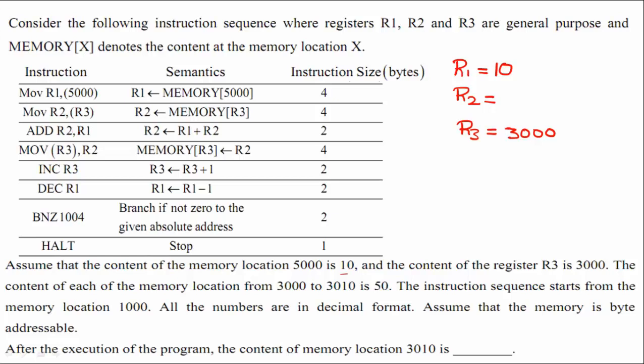The loop is going to get repeated for R1 number of times because the loop is based on R1, right? So the loop is totally going to get repeated for 10 times because the moment R1 becomes 0, the loop gets terminated. If the R1 value doesn't become 0, again there will be a loop to 1004.